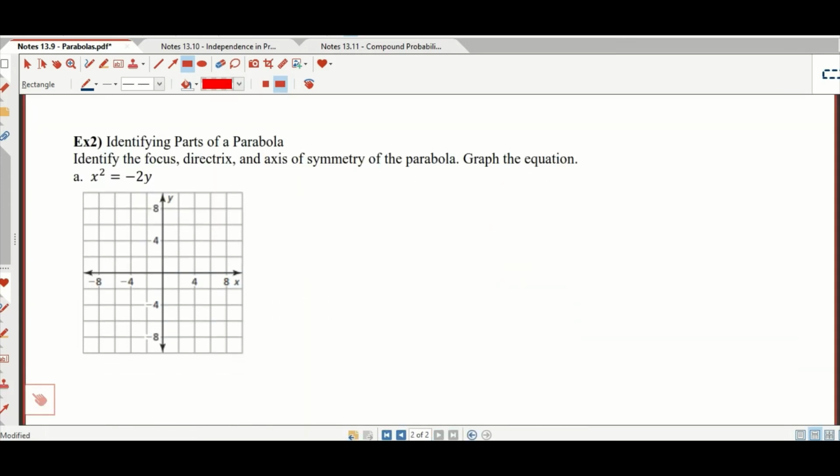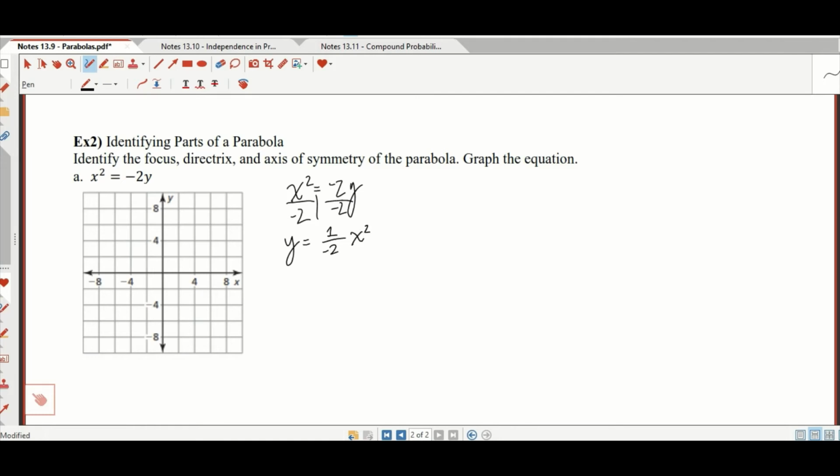Identifying parts of the parabola. Identify the focus, directrix, and axis of symmetry of the parabola, then graph the equation. So remember, what we're saying here is x squared equals negative 2y. That's weird. So we have to solve that so it's y equals something, since x is the part we're squaring. Divide both sides by negative 2, and I think this will make a little bit more sense if we say this is y equals 1 over negative 2 x squared.